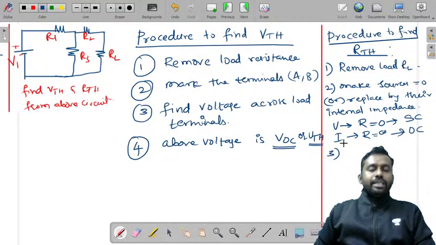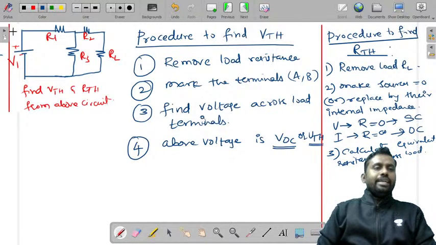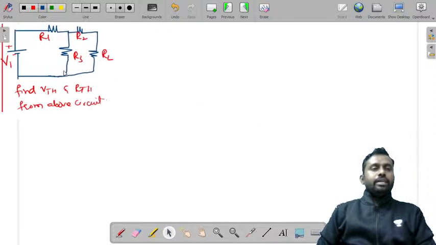So let us now stick to only independent sources. After this, calculate equivalent resistance across load. So this is the procedure, and let me take this circuit to the next slide and tell you how we find that. We'll also take up one example problem, don't worry about it.